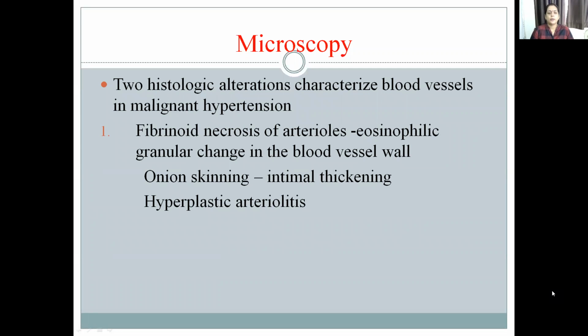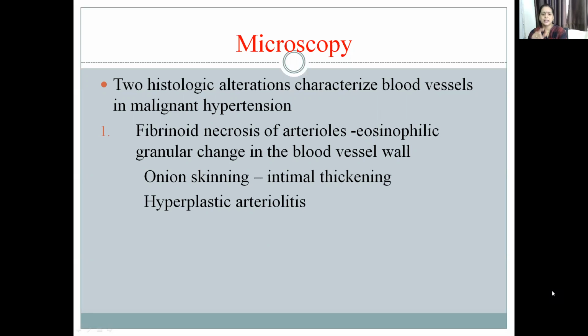In the microscopy, you're finding fibrinoid necrosis, which is the eosinophilic granular change in the blood vessel. See, fibrinoid necrosis wherein the cell details are lost and the result is eosinophilic smudgy material seen in the blood vessel.